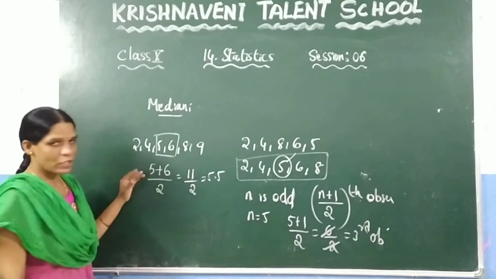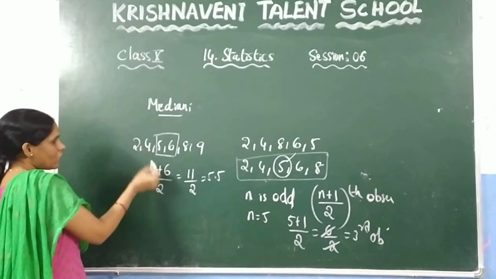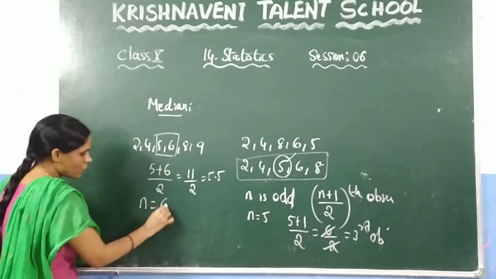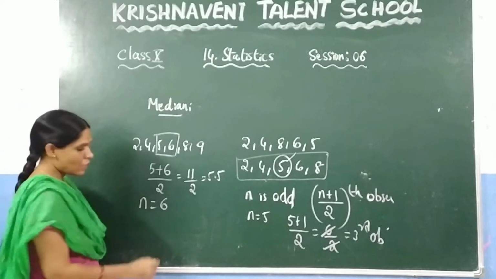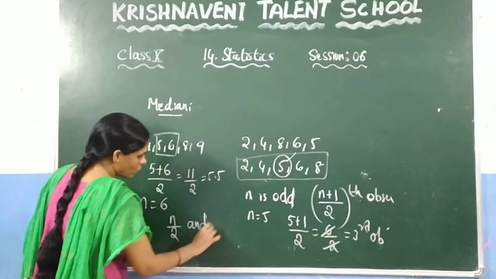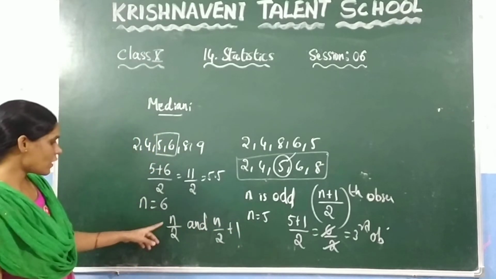And if the number of observations is even, consider the condition where n is 6: 1, 2, 3, 4, 5, 6. Since n is even, you can calculate the median by taking the average of the n by 2 and (n by 2 plus 1) observation. What is the value of n? 6.